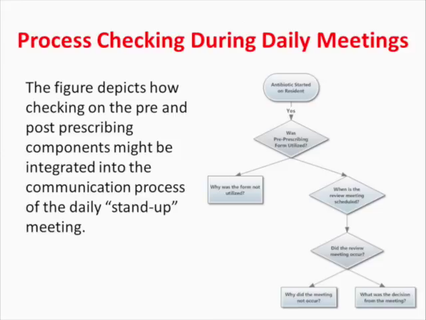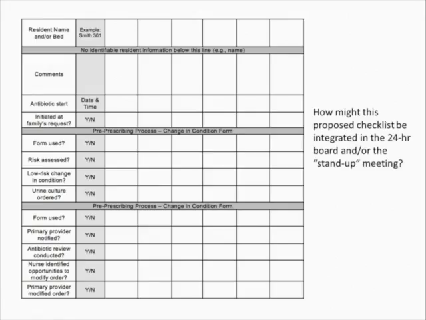And if yes, was a review meeting scheduled? Did the review meeting occur? And if not, why did the review meeting not occur? If yes, was there a decision coming out of that meeting to continue therapy as prescribed or to modify when appropriate?